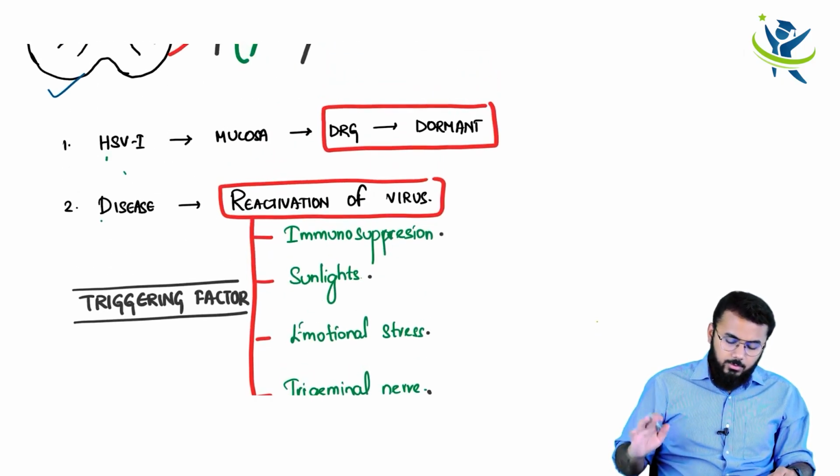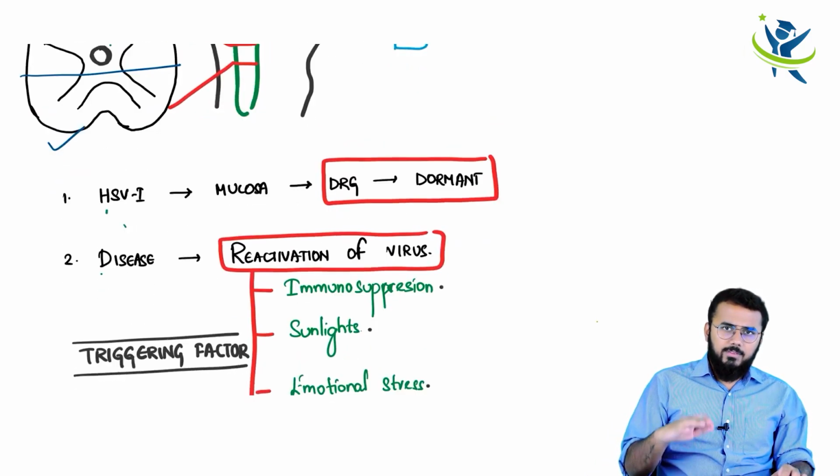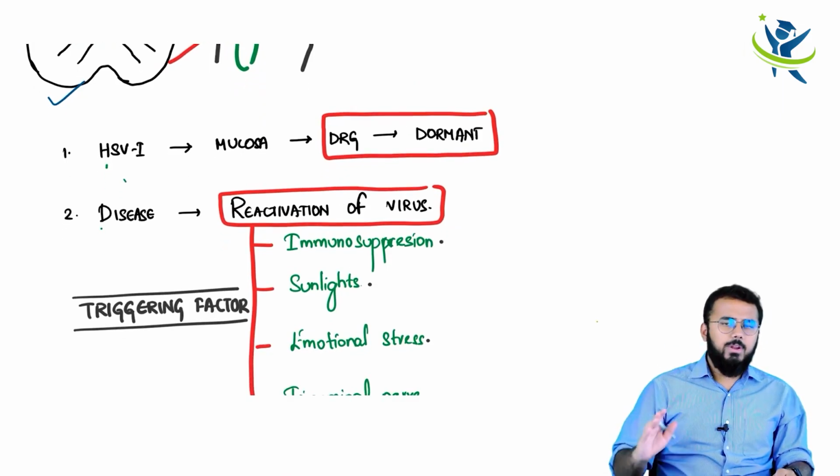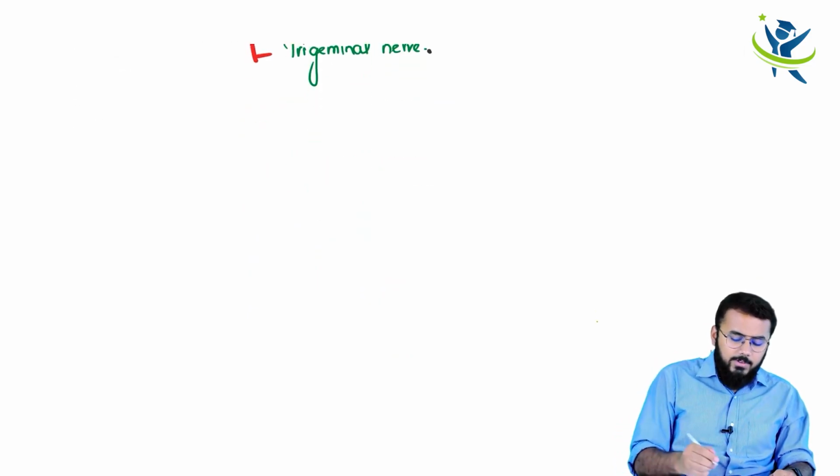Now, the important thing you need to know is that once the virus has got reactivated, it will affect your eyes, your brain, and your skin. And how does it affect them?